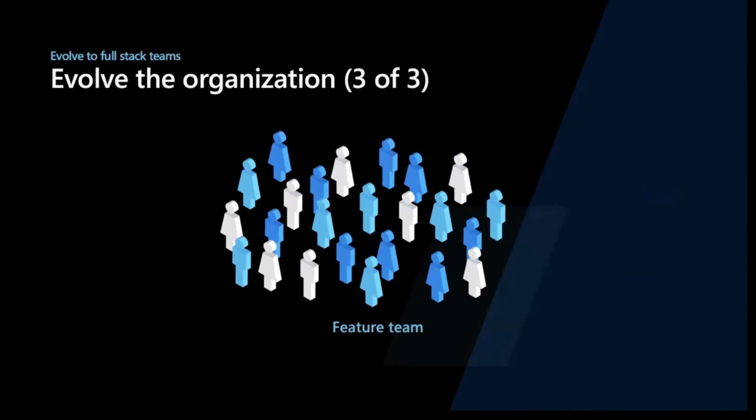So what we then did is we brought all of those together and distributed them into feature teams. And the beauty of that is you now go into a world where, as a team, you're no longer focused on your discipline. Your discipline is part of what you contribute, but what you truly and deeply care about is the feature that you are working on.